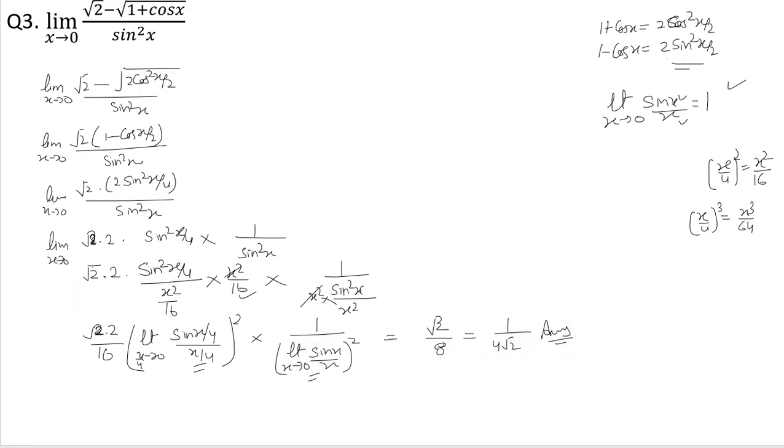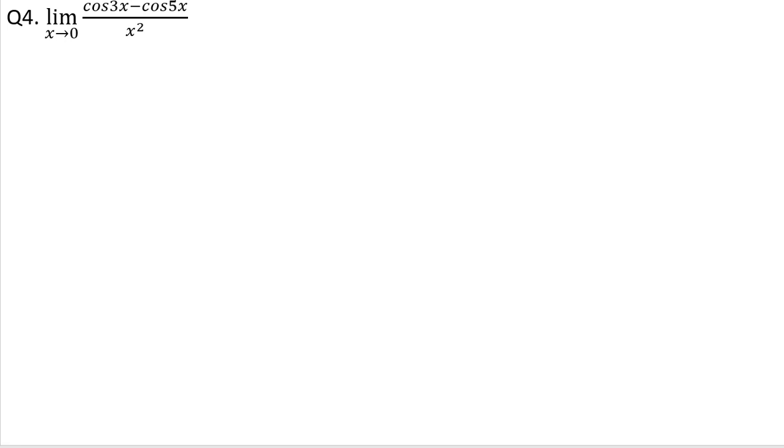Let's move to one more question. Limit x approaches to 0 cos 3x minus cos 5x upon x square. So here we can apply the formula of cos c minus cos d. So let's do it. Limit x approaches to 0.